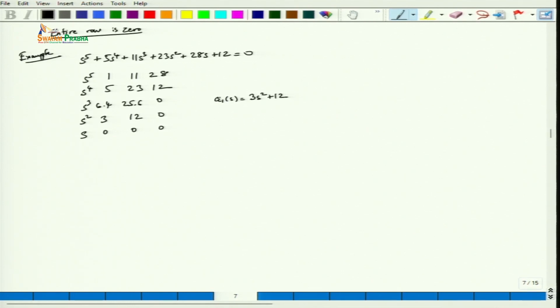So we get this particular expression, we take its derivative, we get 6s. So we formulate a new s row as 6, 0, because we have 6s here, and we discard this part and perform the calculations.